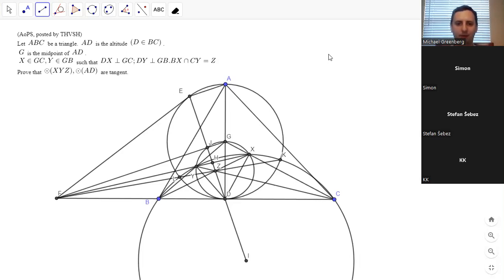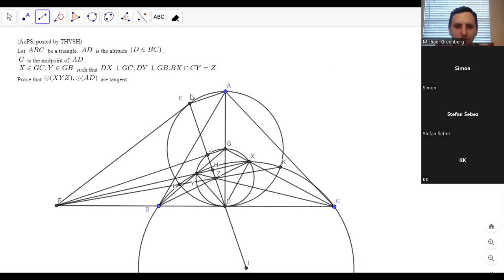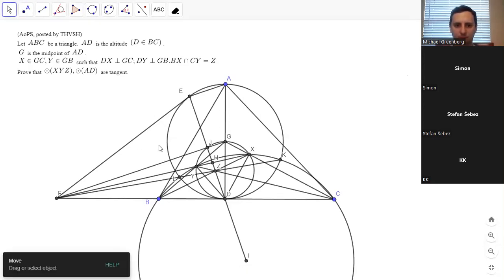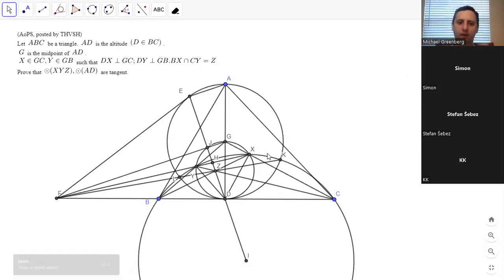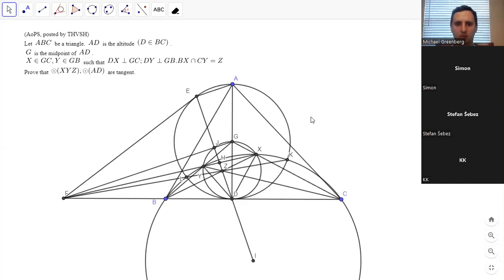Because I think that is true because it is the polar of G with respect to BYXC. Because K and L are the tangents, so GK and GL are tangents. And by Brocard's theorem, FZ is actually the polar. So all of those lie on a line.